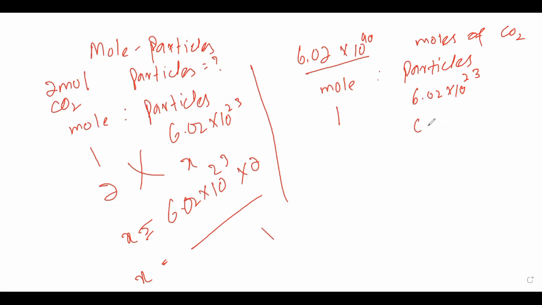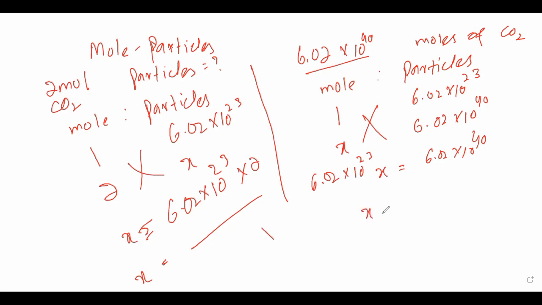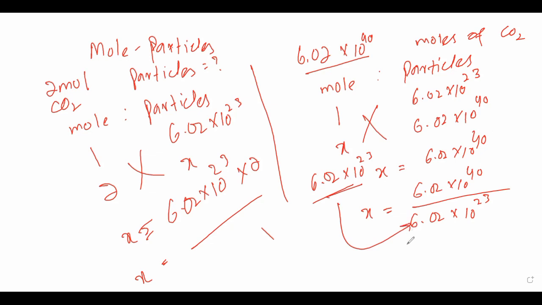So if you have this number of particles, what will be the number of moles? X. 6.02 multiplied by 10 raised to 23 times x is equal to 6.02 multiplied by 10 raised to 40, and x will be equal to 6.02 multiplied by 10 raised to 40 divided by 6.02 multiplied by 10 raised to 23. It's multiplying here, so it will be divided there. In this way you will get the number of moles.